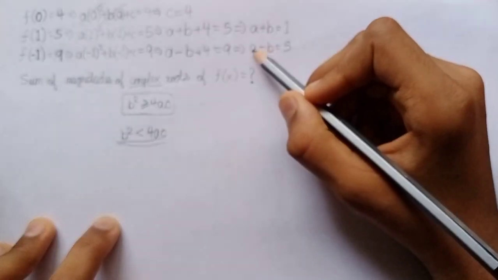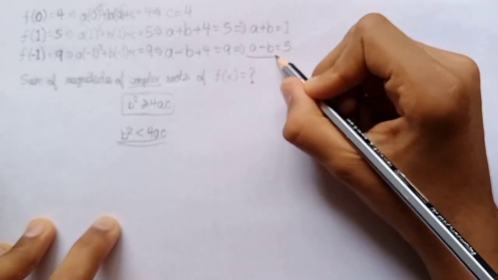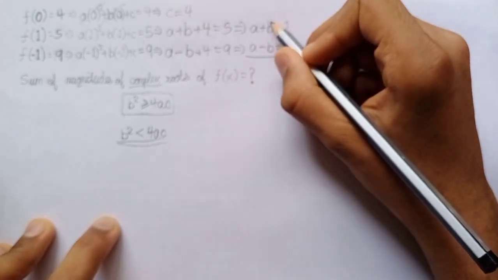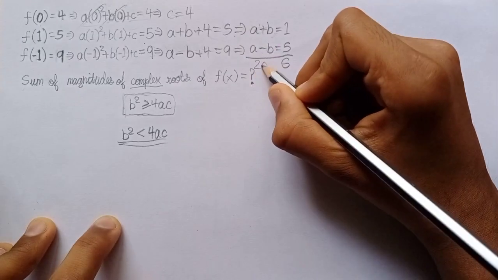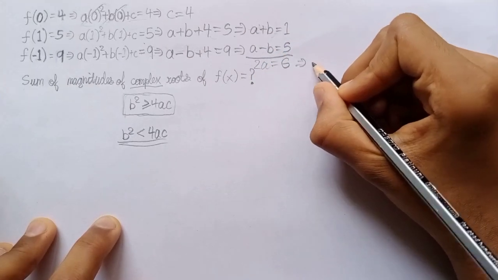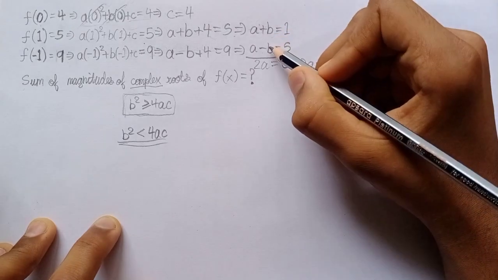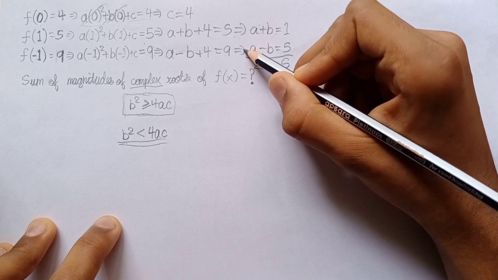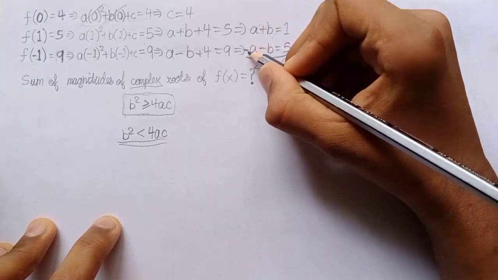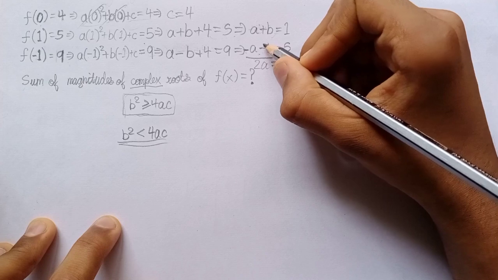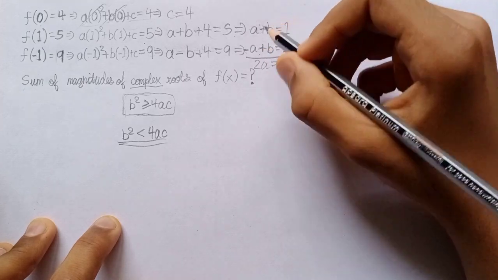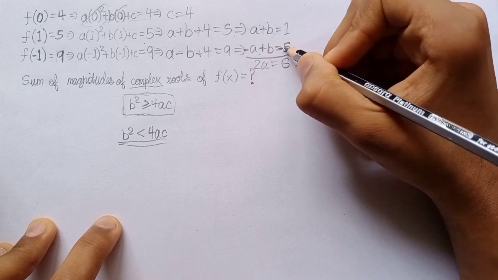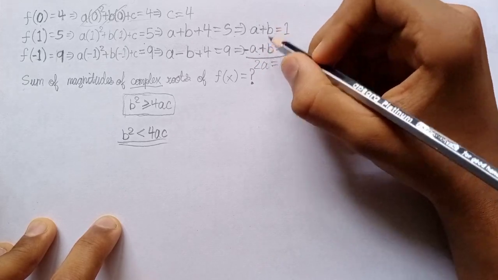Now a plus b equals 1, a minus b equals 5. If you solve this, let's add up the equation. So we have 6 equals, plus b minus b cancel out each other. So we have 2a equals 6, a equals 3. And if we subtract this equation from this equation, a cancels this a out because this is minus. So let's put a minus here. This is minus a, and minus of negative b is plus b, equals minus 5, by the way, because we were multiplying by minus 1 on both sides here.